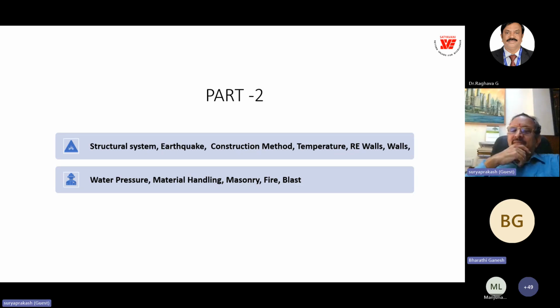Now the scenario is totally different. Not just in our native place, everywhere percolation has reduced a lot, which results in surface runoff and flash flood.